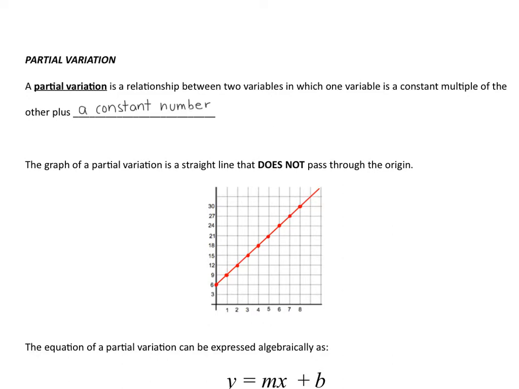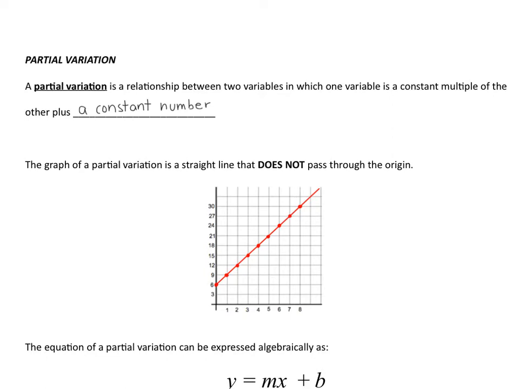So it was either doubling by the same number, or it was increasing by 5 or decreasing by 10. But with the partial variation, yes, that is still happening. So maybe your x value is increasing by 2 or increasing by 5, but then on top of that increase, you are going to be adding or subtracting another constant number or value.